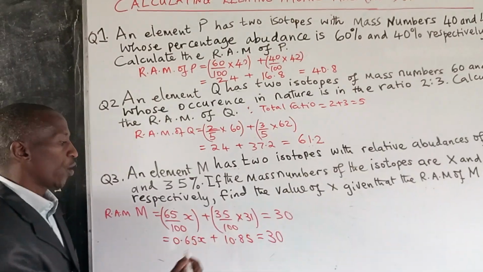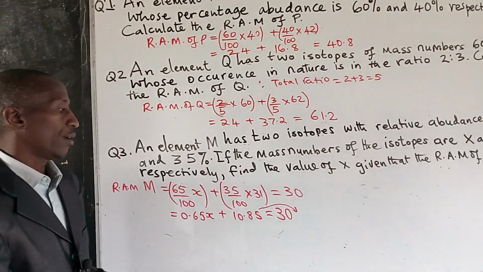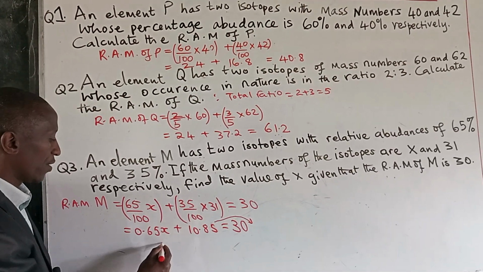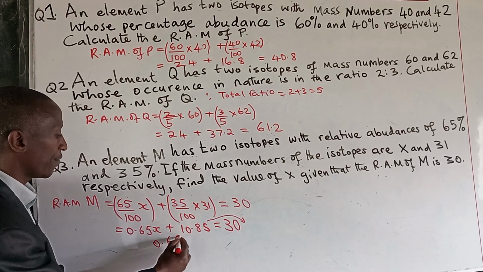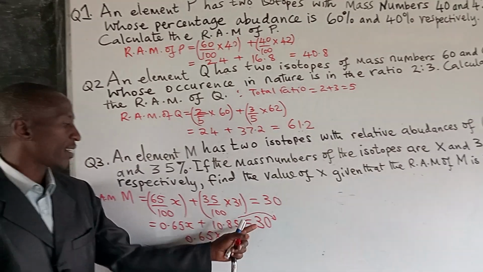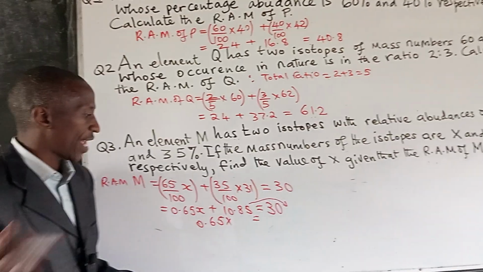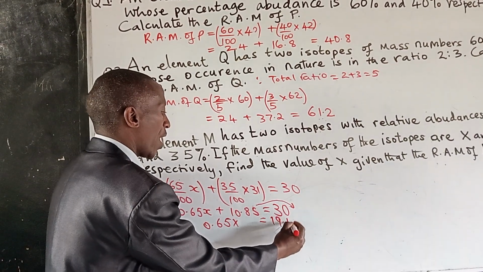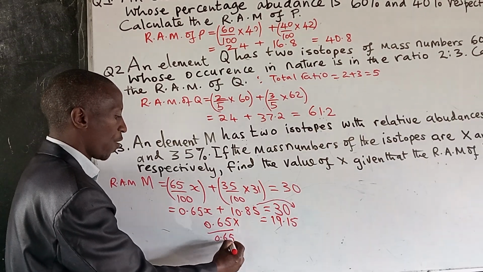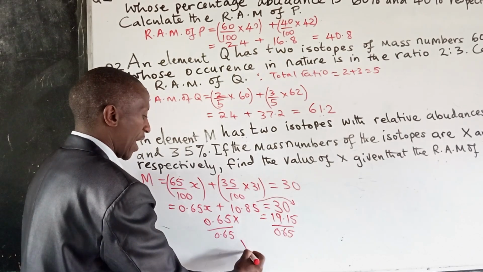So at this level, we shift this to the other side and subtract. From 30, we subtract 10.85, and we get that 0.65x is equal to 19.15. At this level, we divide both sides by 0.65 so that we get the x value.